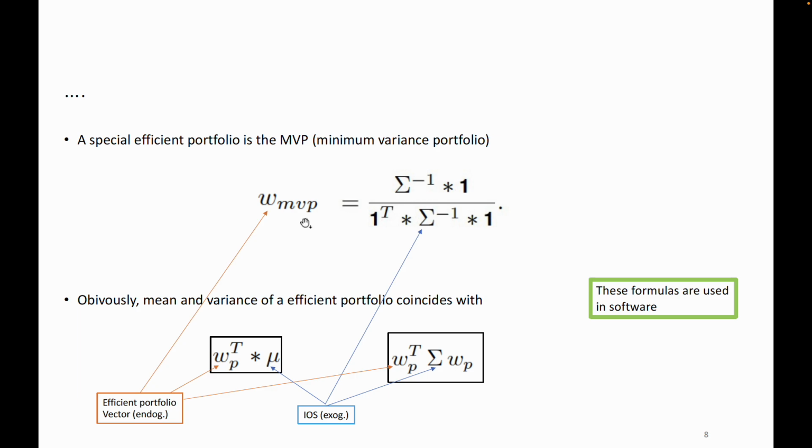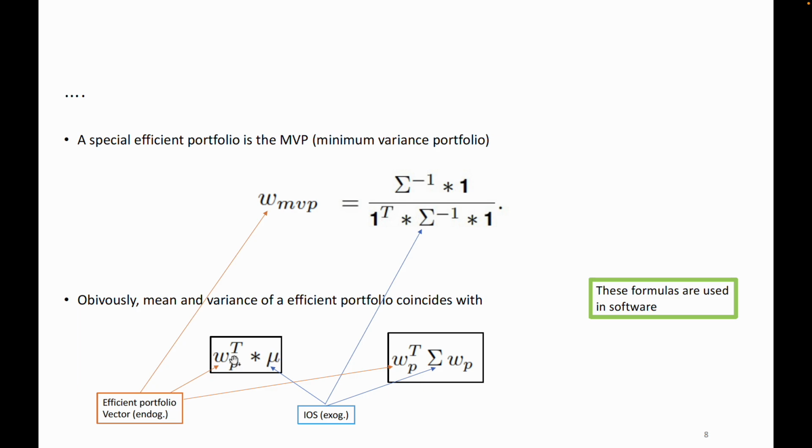And one additional thought: if we compute the portfolio for a minimum variance portfolio, we can also compute its expected return and the return variance by using these two formulas, which we have seen before. One would be W transpose mu. So mu are the expected returns of all the assets.